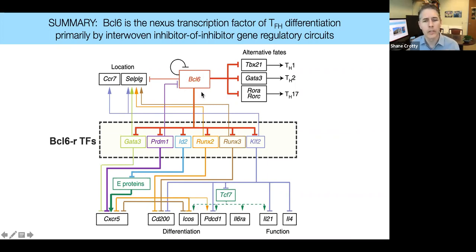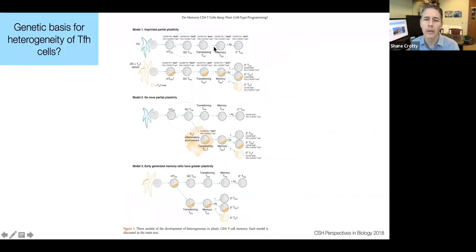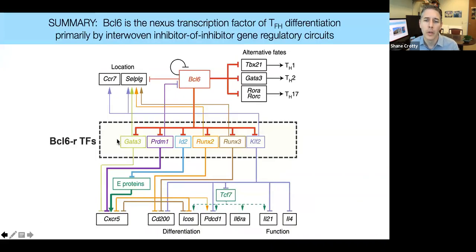Connecting to what I just said a minute ago about, Bcl-6 itself expression is not stable, right? It's required for TFH, it's key for TFH, but it comes down again in memory and in a couple other stages. And so there are, I'm not showing it in this diagram, right? But there are clearly upstream signals that are driving active Bcl-6 expression.